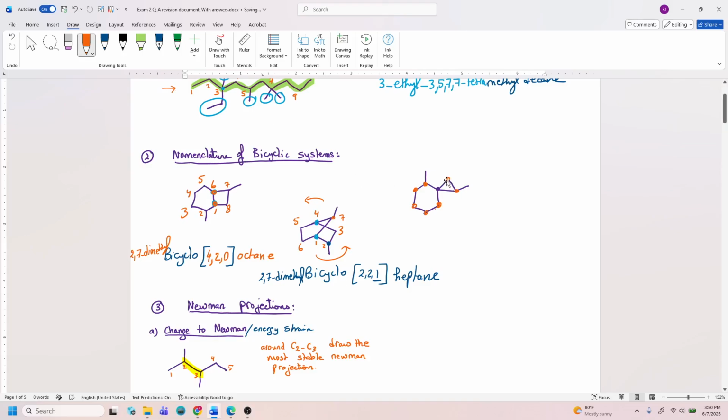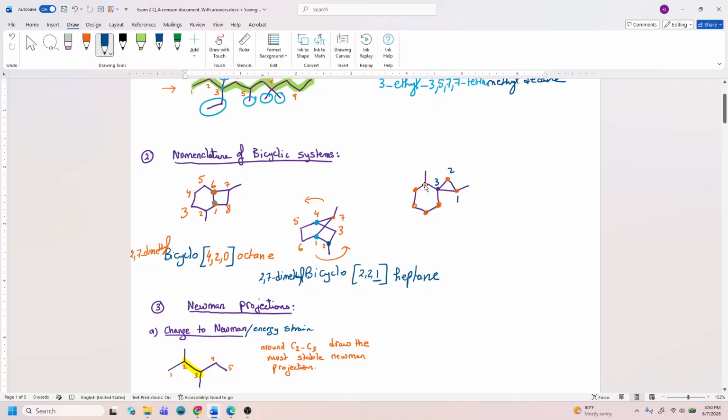And then I need to start numbering either from this carbon or from this carbon. But what determines it is if you have a substituent. If you have a substituent, start numbering from your substituent to give your substituent the lowest number. So it's going to be 1, it's going to be 2. Finish numbering your first cycle in there before you go into the second.